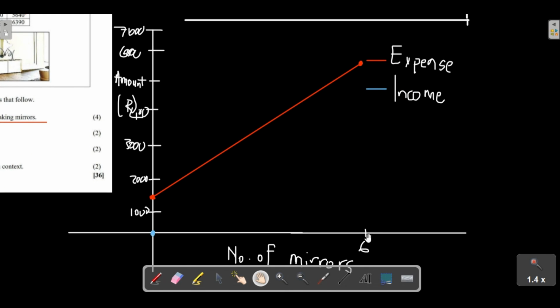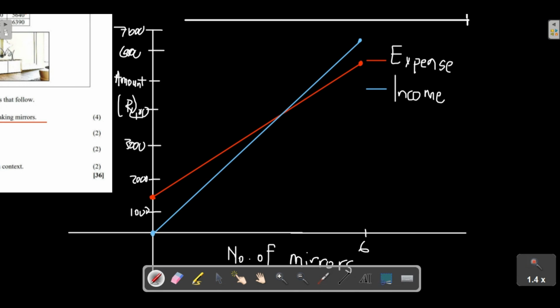So 6,300 should be somewhere here. And then we join these two points as well.